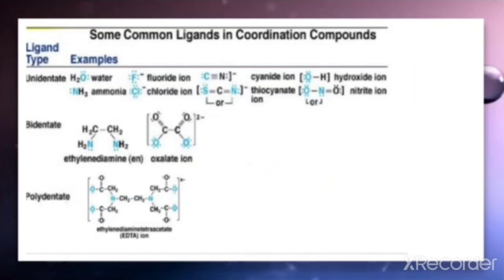Then only we will come up with the correct coordination number. So we need to remember the numbers 1, 2, 6 for these examples: multiply with 1 for the unidentate, with 2 for bidentate, and with 6 for EDTA. So we'll be getting the correct coordination number.